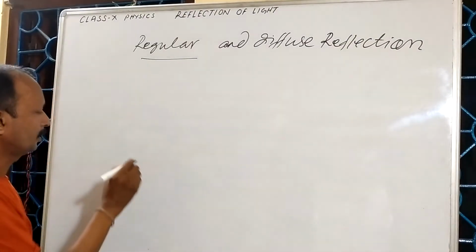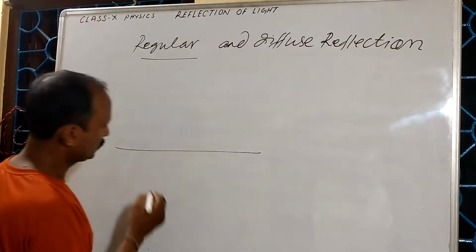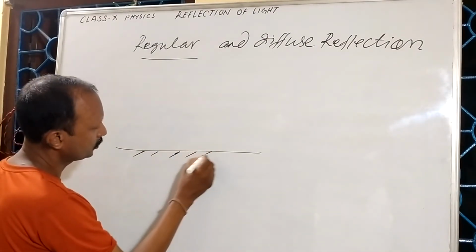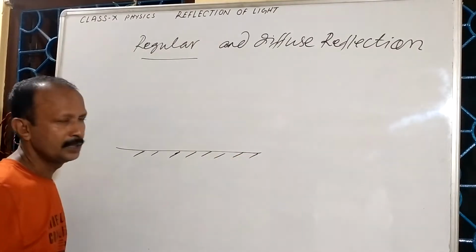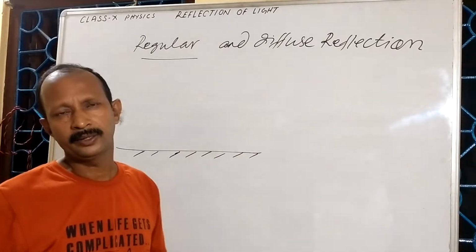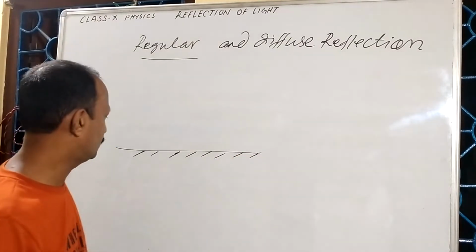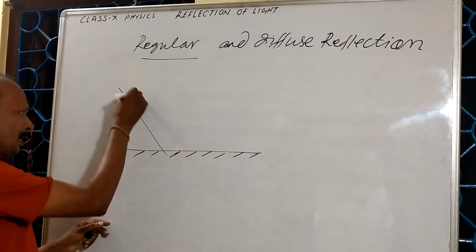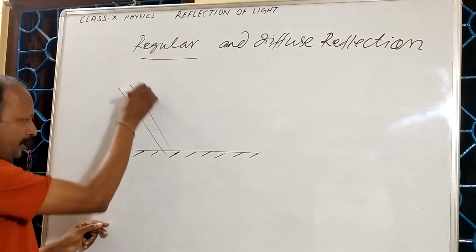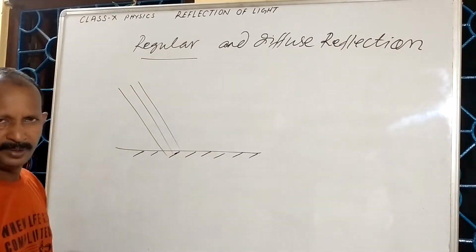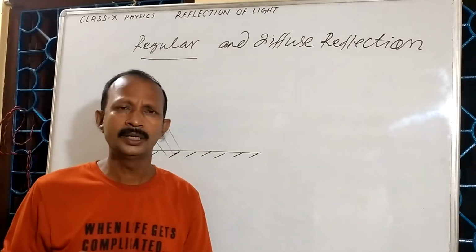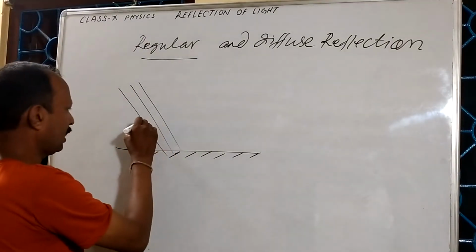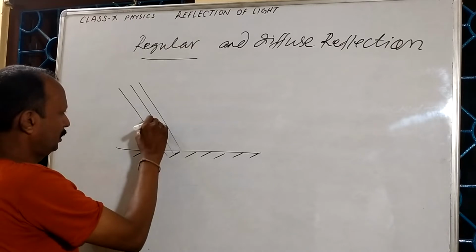Now you see, suppose this is the surface of a plane mirror. This oblique represents the back side of the plane mirror. In this case, suppose a parallel beam of light rays, in the sense a group of light rays, those are parallel beam of light rays.